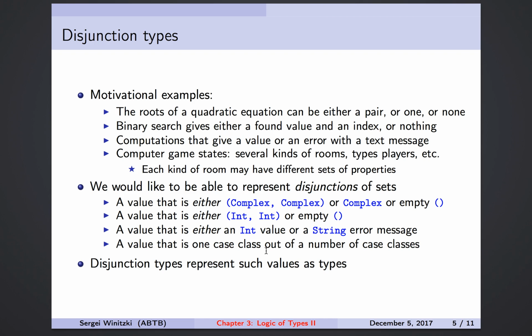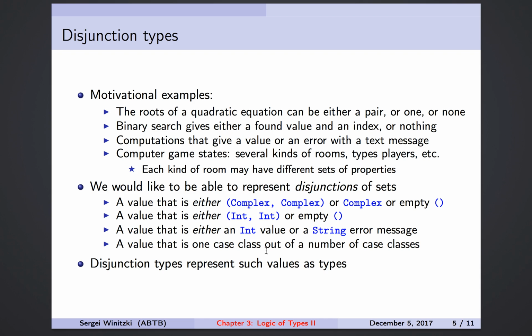And if you're asking for real roots, then it could have no real roots. So if we're interested in real roots, then there are three cases. And it's convenient if we can introduce a type that means the real roots of a quadratic equation, and inside this type we have this distinction, but outside it's just one type, so that it's easier to write expressions with it, functions, and so on.